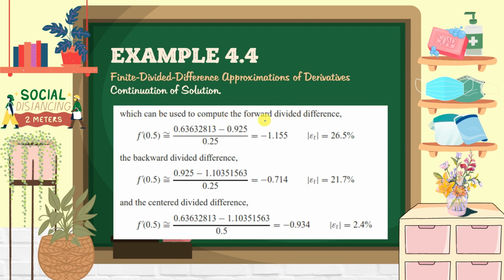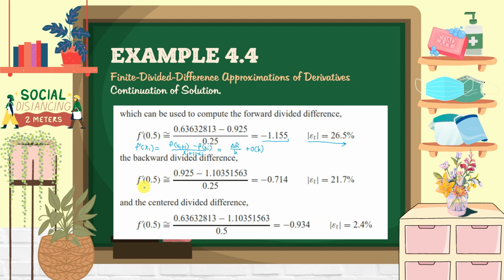In continuation of the solution, the dataset on the previous slide will be used to compute the forward divided difference. The forward divided difference formula: the first derivative at x sub i equals f(x sub i plus 1) minus f(x sub i) all over x sub i plus 1 minus x sub i, which can also be represented by delta f sub i all over h plus O(h). It will have a value of negative 1.155, with a true percent relative error of 26.5%.